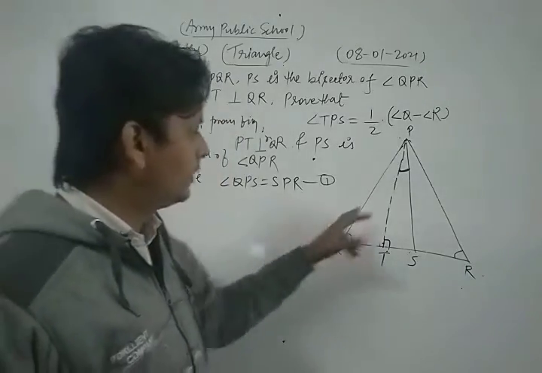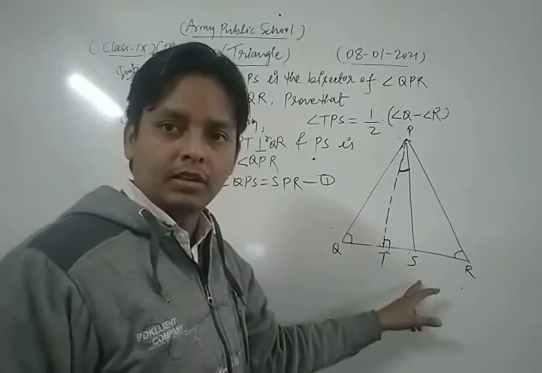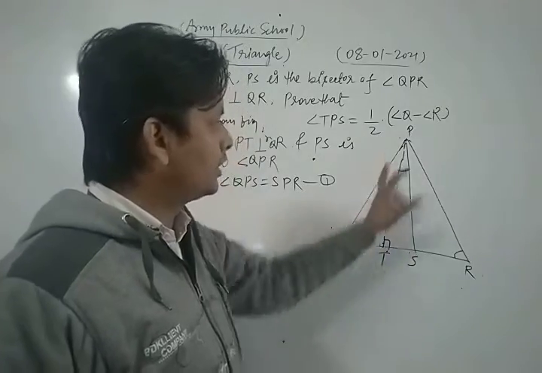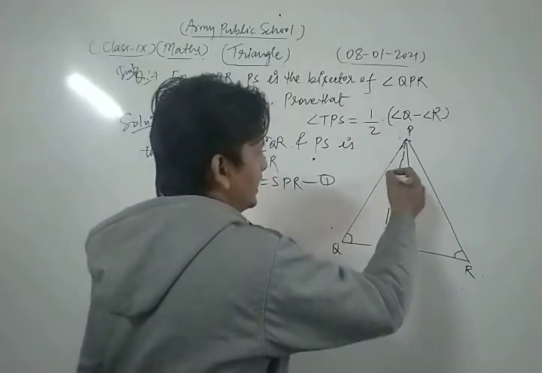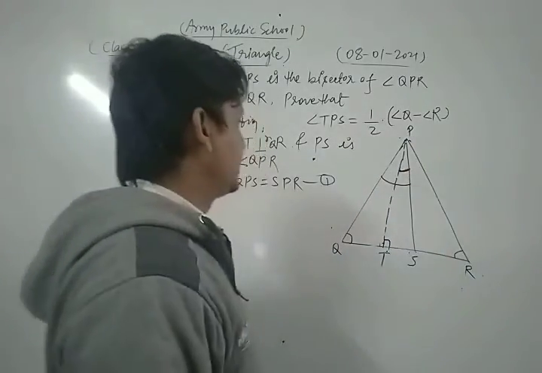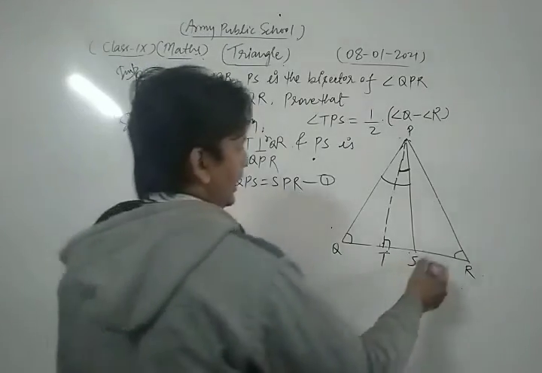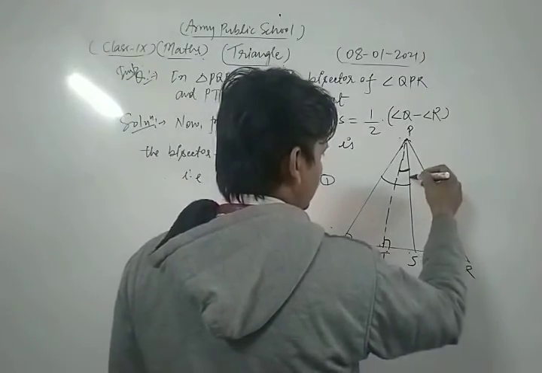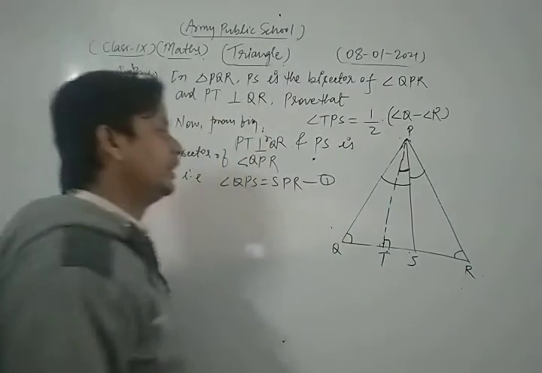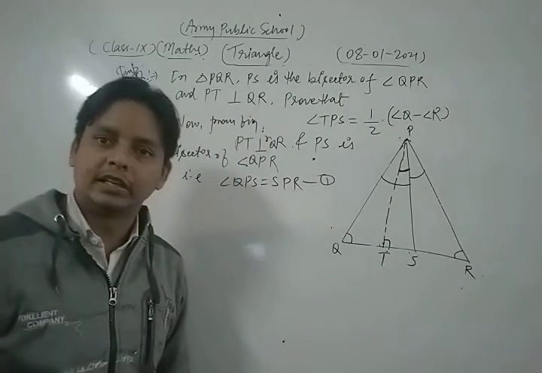So here, dear friends, the line PS is the bisector of angle QPR. It means angle QPS is equal to angle SPR. Okay, this is the concept of that question.